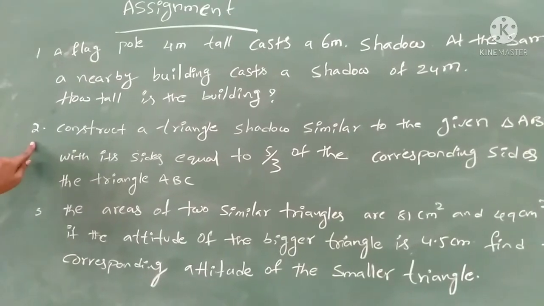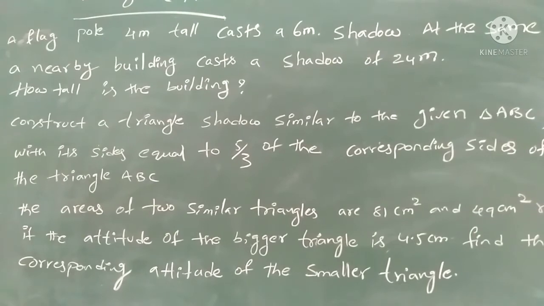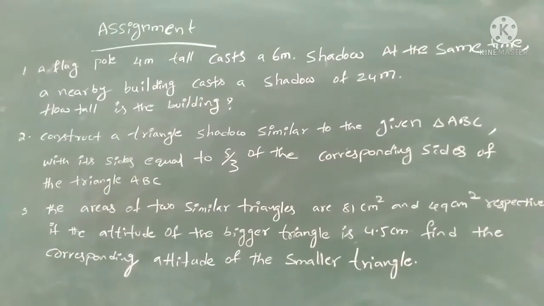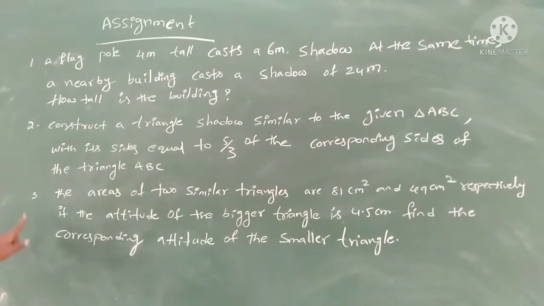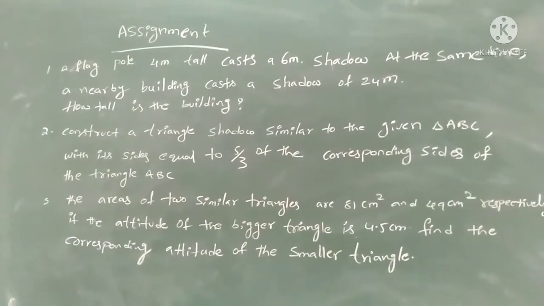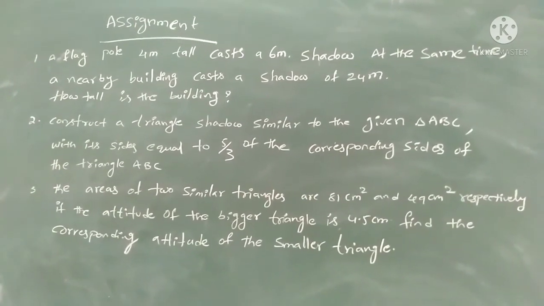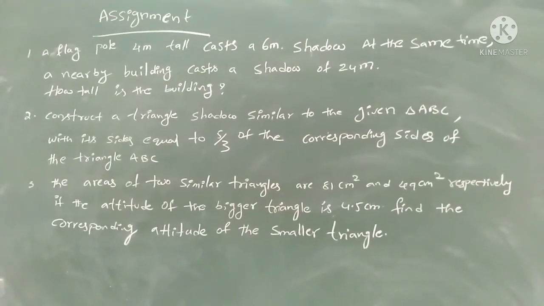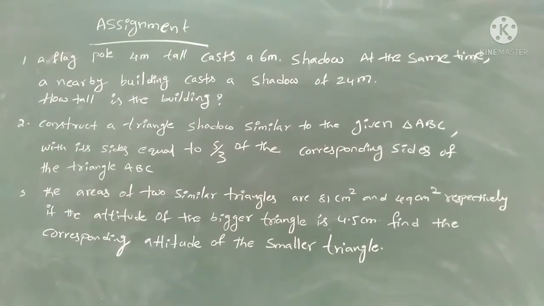Next, second question: construct a triangle similar to the given triangle ABC with its sides equal to 5 by 3 of the corresponding sides of the triangle ABC. Next, third question: the areas of two similar triangles are 81 cm square and 49 cm square respectively. If the altitude of the bigger triangle is 4.5 cm, find the corresponding altitude of the smaller triangle.